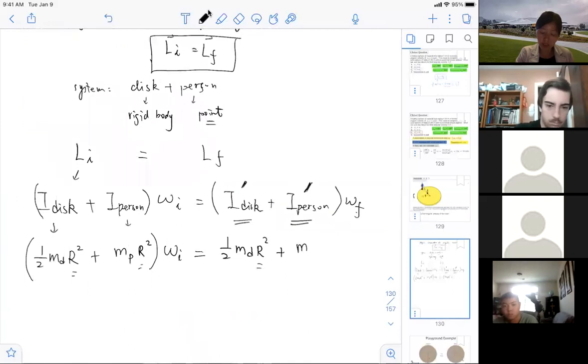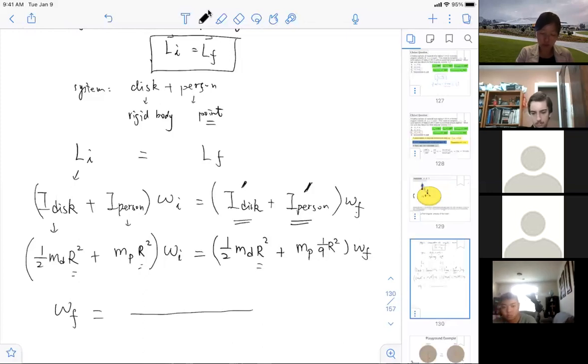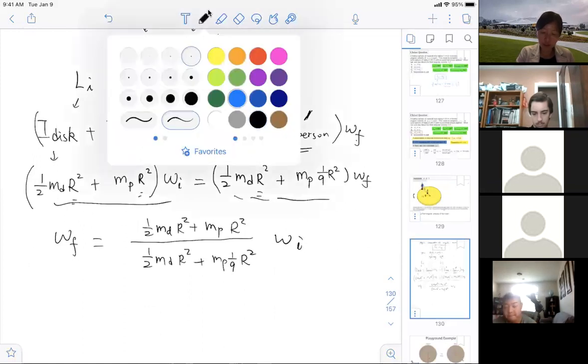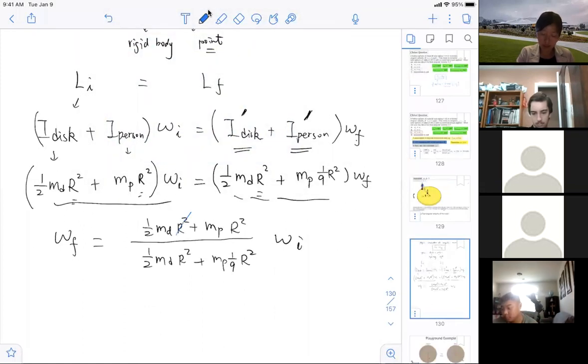So here it becomes the mass of the person times 1/3 of the radius squared, which becomes 1/9 r squared, omega final. All right, so I'm now ready to calculate. Omega final is equal to this whole thing divided by this. So 1/2 M_D r squared plus M_P r squared, divided by 1/2 M_D r squared plus M_P 1/9 r squared, times omega I. I do this simply because I want to cancel the ones I don't need and cancel my r squared.